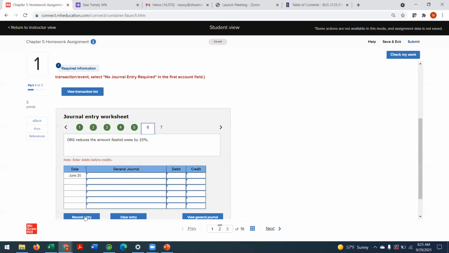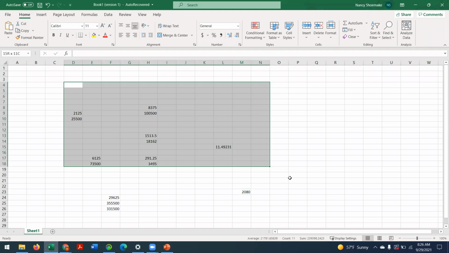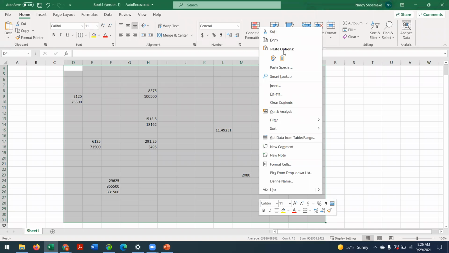Then, because DRS realized they kind of goofed up, they are going to reduce the amount Rashid owes by 25%. So in this case, he is supposed to pay 2,060. Let me just make sure I've got the information right. 2,080. And so the 25% of 2,080, sorry about this messy. Let me just clear this.